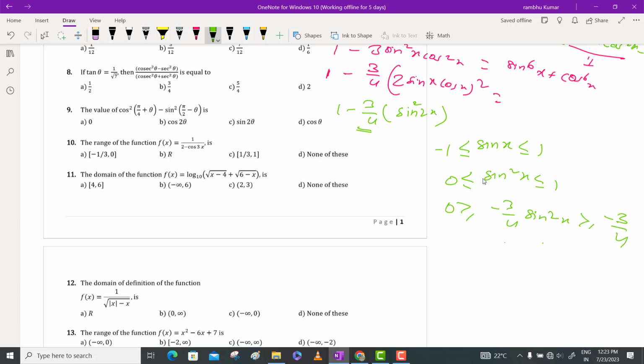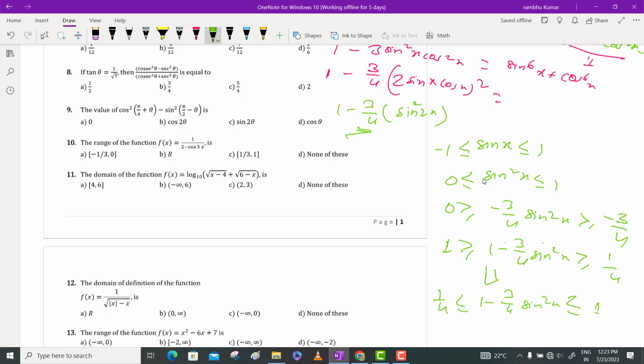Now we need to add plus 1. So 1 by 4 less than equal to 1 minus 3 by 4 sin square x less than equal to 1.